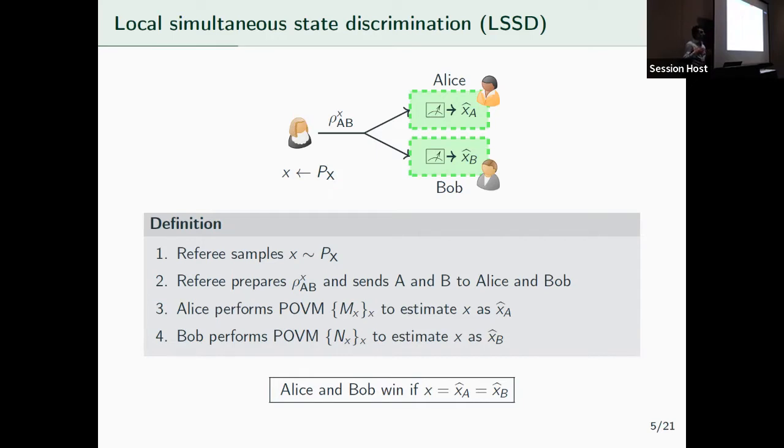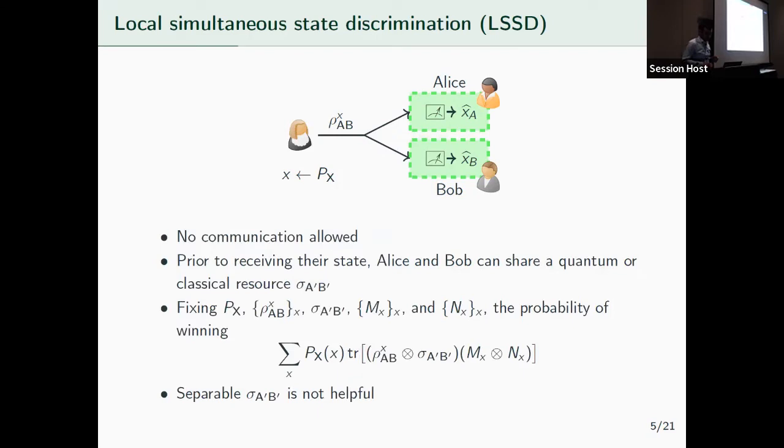Alice performs some POVM, Bob performs another POVM, each one finds an estimate of the classical value, and Alice and Bob win if and only if they both correctly guess the value of x. We think that this is a very natural problem to study. This is a fundamental problem in quantum information theory, and also it has application in quantum cryptography that I will talk about at the end of this presentation.